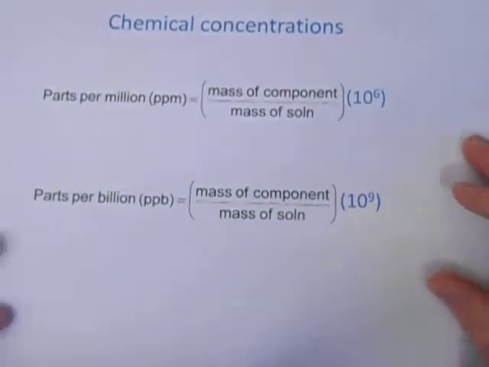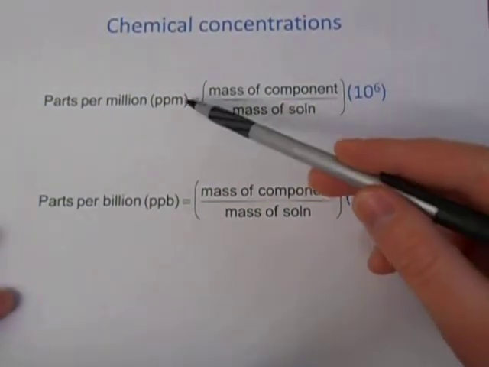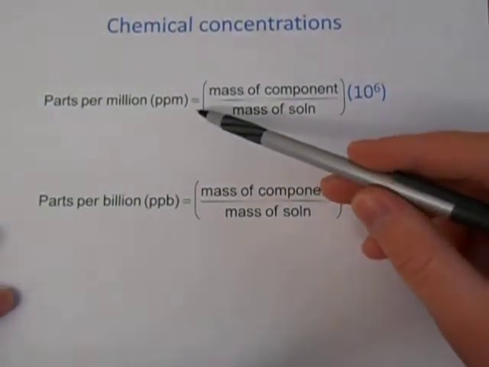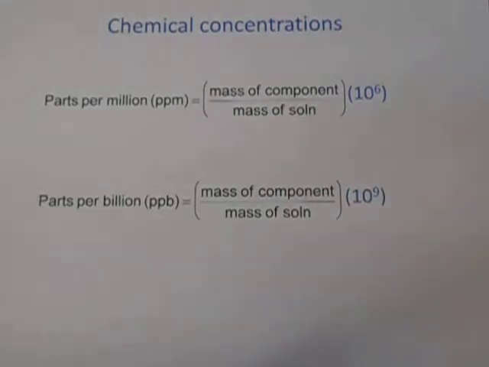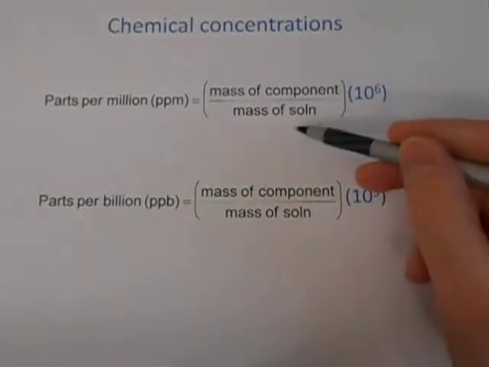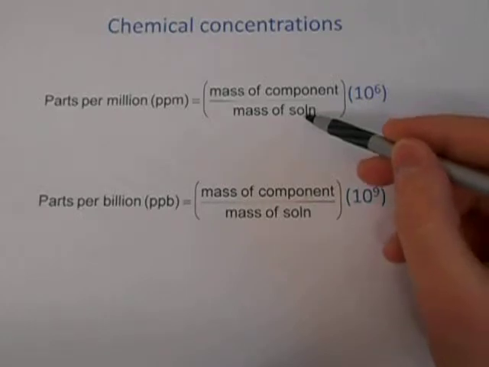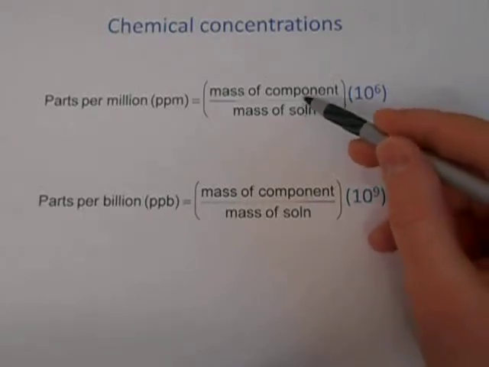Okay. And then lastly, our last units we'll look at are parts per million. Okay, and of course what this means, say you had a solution that was 5 parts per million chloride. What that would mean is if you had 1,000,000 grams of the solution, 5 grams of that would be from the chloride.